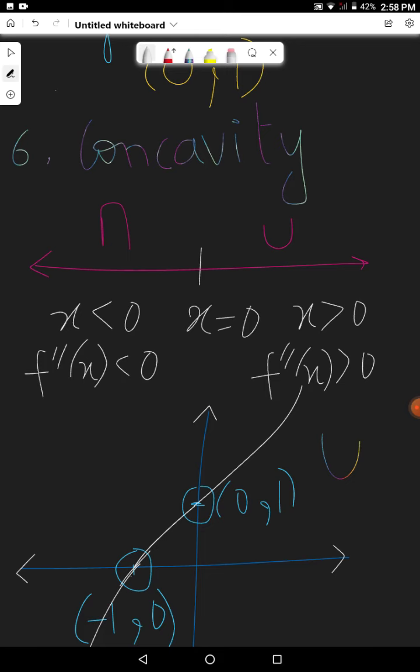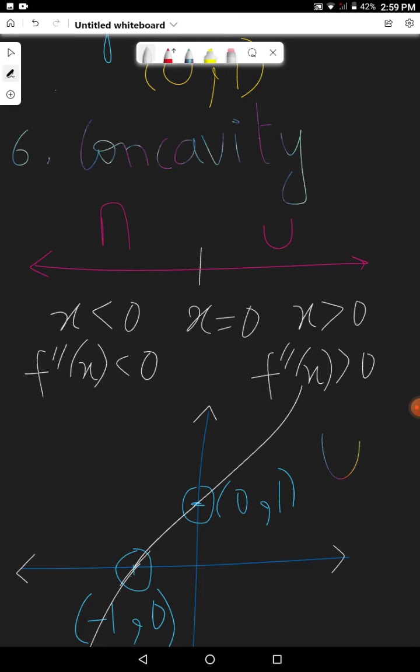Now listen carefully. We see the sign of f double dash x to know where the curve will be concave down and where the curve will be concave up. I repeat myself, we consider the sign of f double dash x to know in which interval the curve will be concave down and in which interval the curve will be concave up.